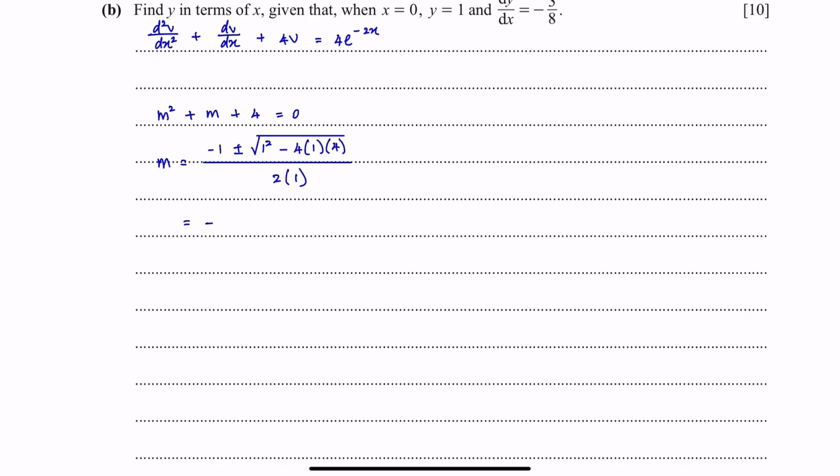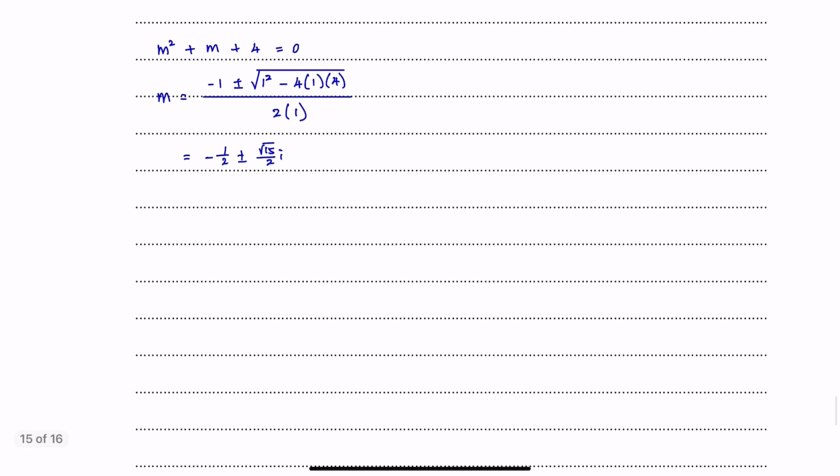So m is -1/2 plus minus √15 over 2 i. And the complementary function will be in this form.